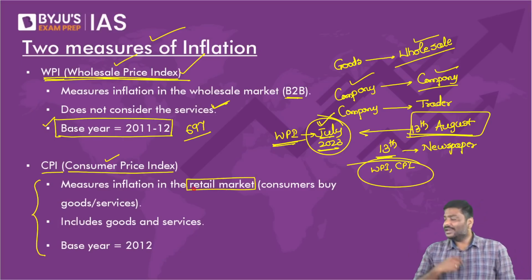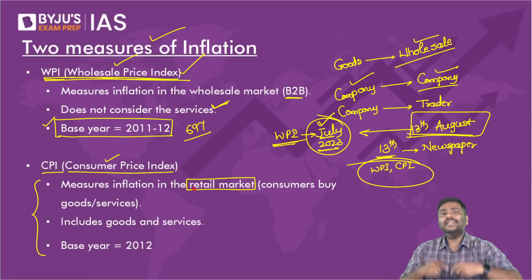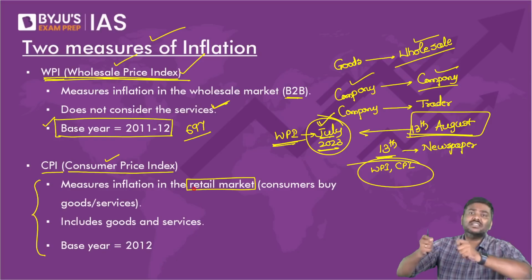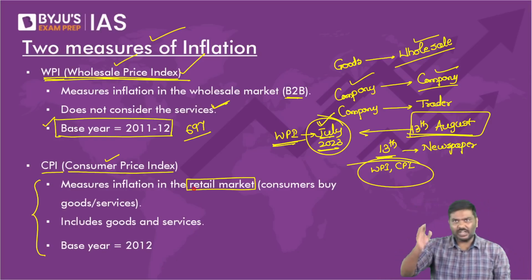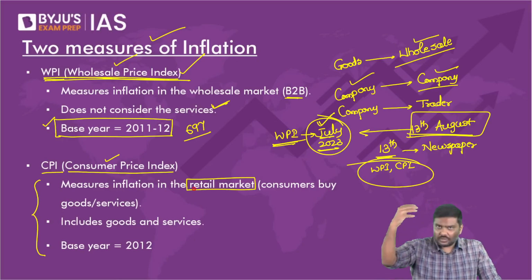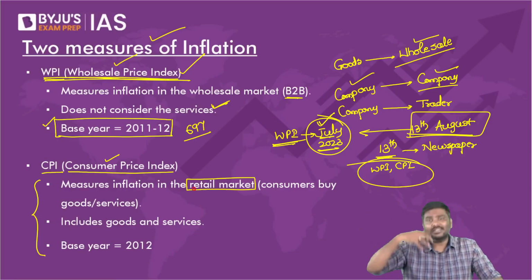What do you mean by retail market? Retail market is the one where individual consumers purchase products for consumption. Simply put, it is where you, me, your friend, your neighbor, all of us go to purchase commodities for consumption.